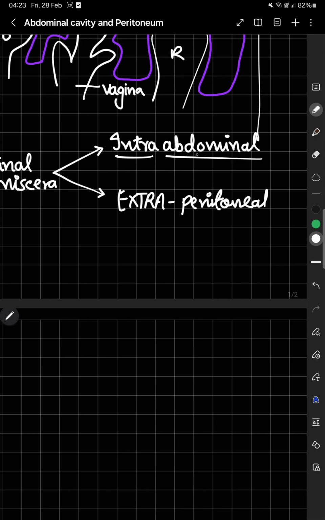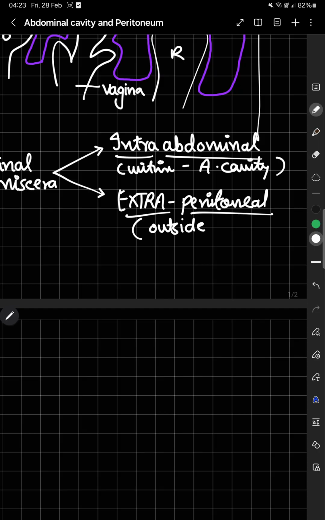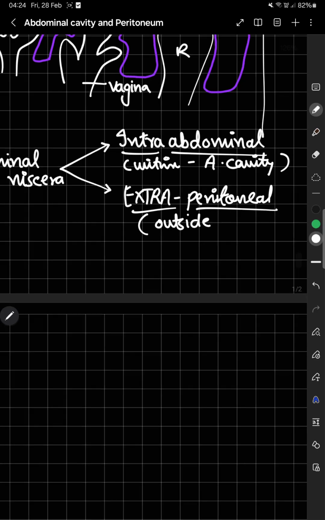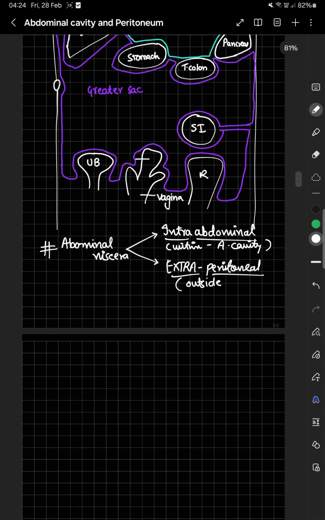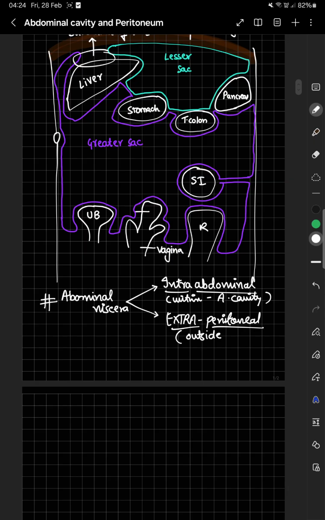First thing, they are within the abdominal cavity, so that makes complete sense. Extraperitoneal means they are outside of the peritoneum. They're not within the peritoneum, because the peritoneum is just forming their upper layer, nothing more and nothing less. So it makes sense, right?